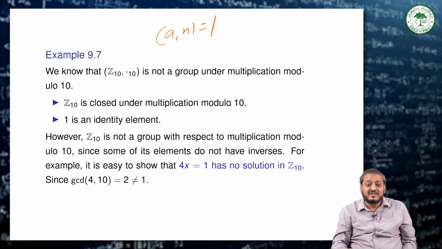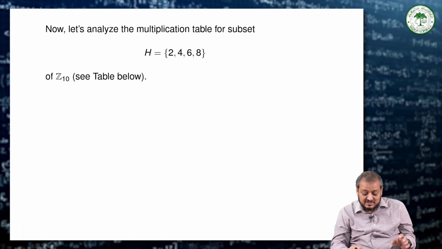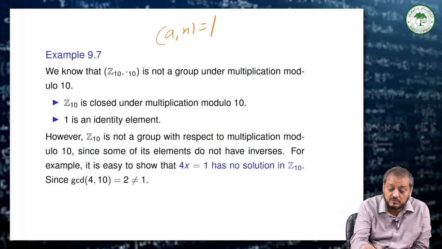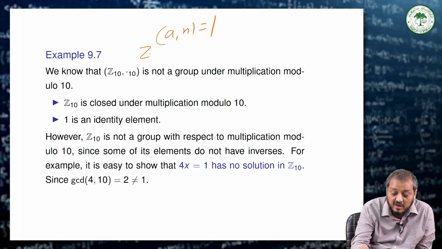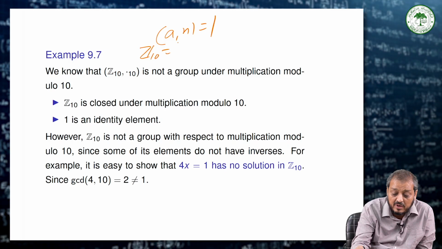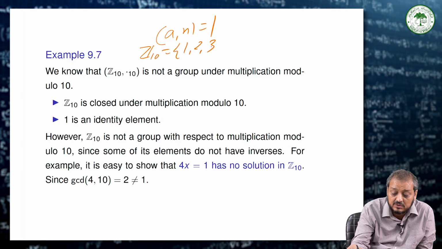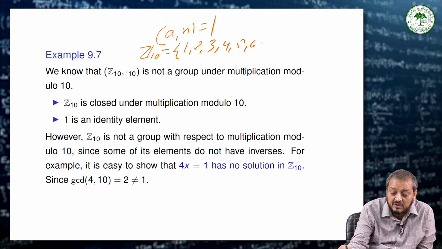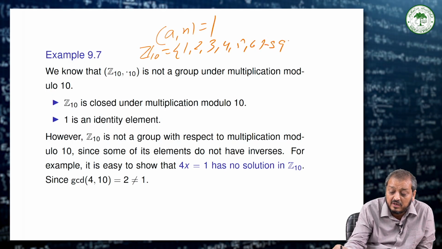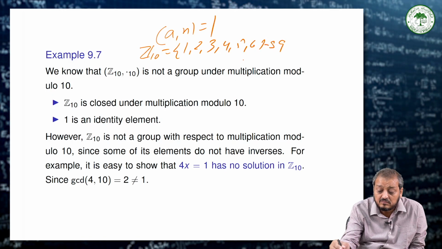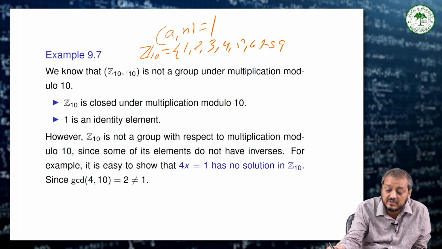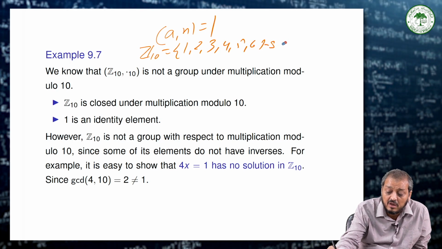Now let us analyze this. We know that Z10 has the elements 1, 2, 3, 4, 5, 6, 7, 8, 9, and so on.